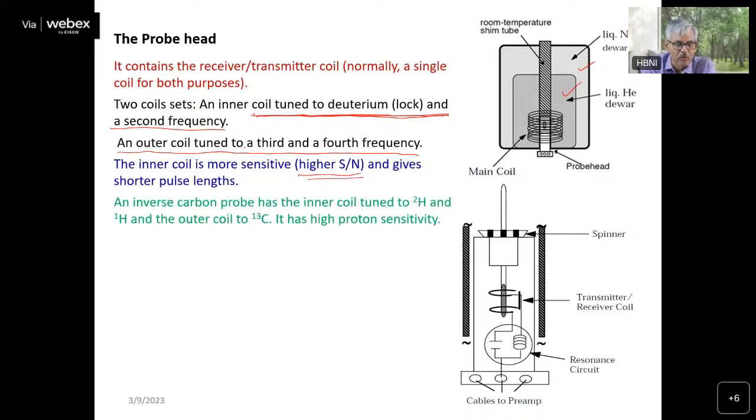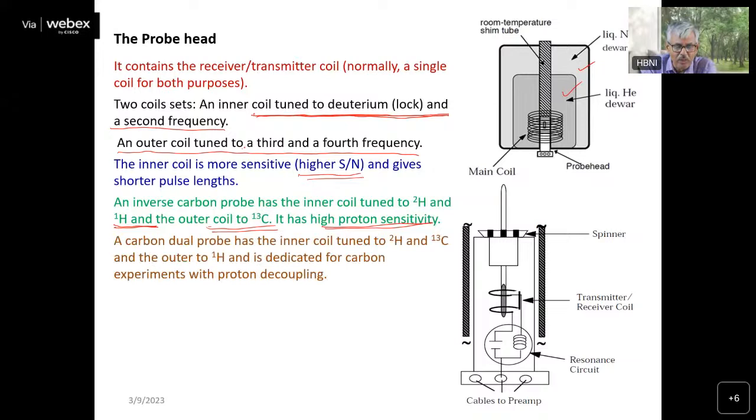Sometimes people use the inverse carbon probe. So there are the normal carbon probe and the inverse carbon probe. In the inverse carbon probe, when you detect, you will have the proton in the inner coil, and in the outer coil you will have the carbon-13. That's why it is used with very high proton sensitivity, and it is used for many proton-carbon correlation experiments.